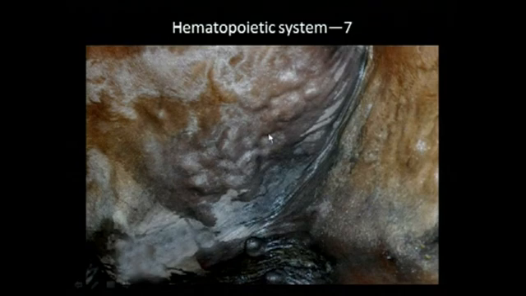We don't actually see the lesion in this picture, but we see the nodular effect because there is subcutaneous lymphoma in this case. And if you're dealing with subcutaneous lymphoma in the horse, think of what would be their most common form of lymphoma, and that's the T-cell rich large B-cell lymphoma.